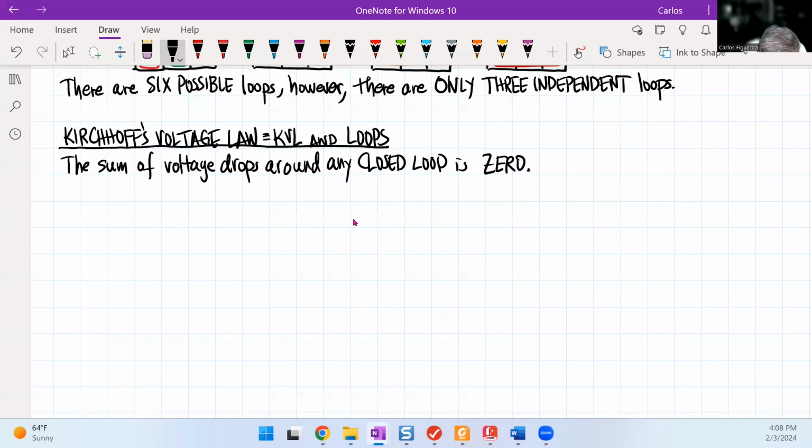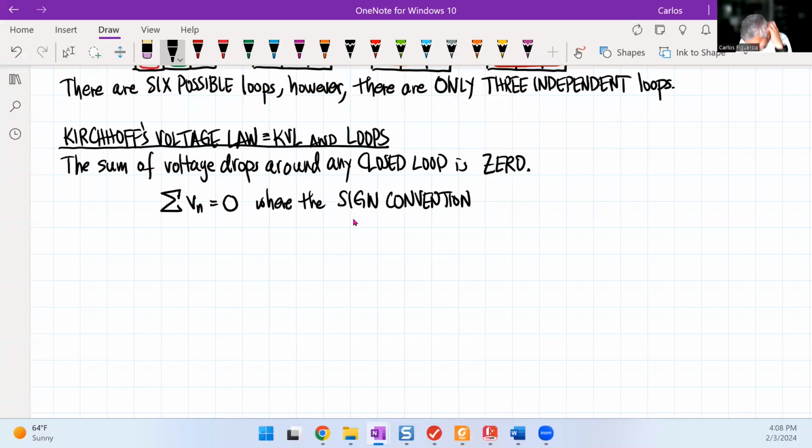In other words, if I sum all of the voltages around a loop, they have to be equal to 0, where the sign convention becomes super important.